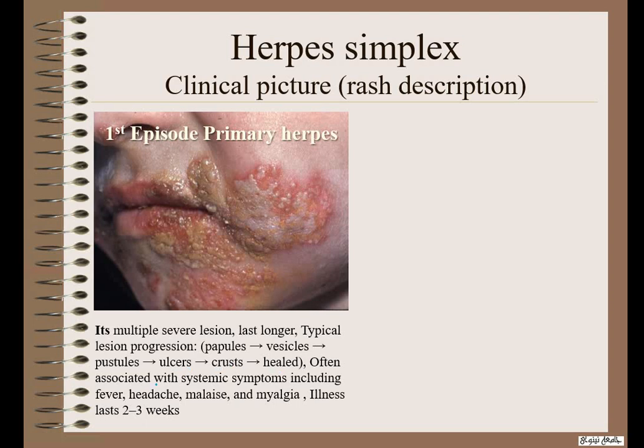Often the lesions are associated with systemic symptoms like fever, headache, malaise, and myalgia, and last 2 to 3 weeks.